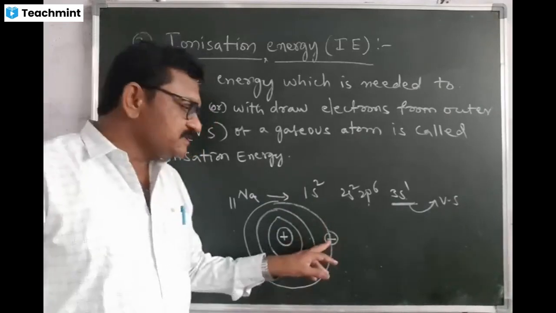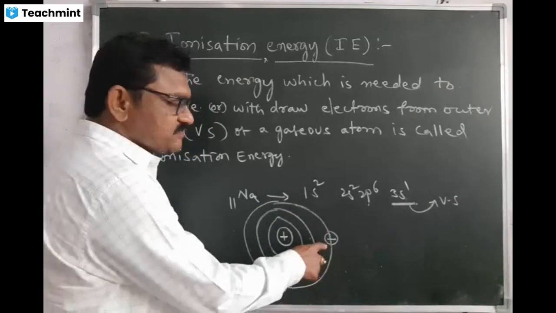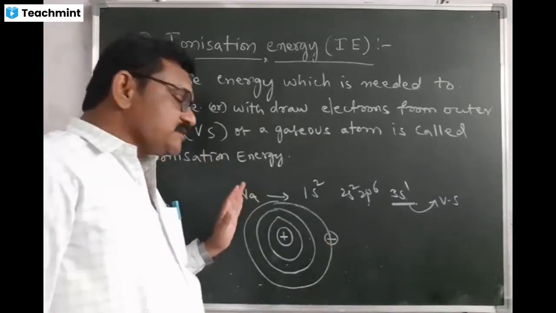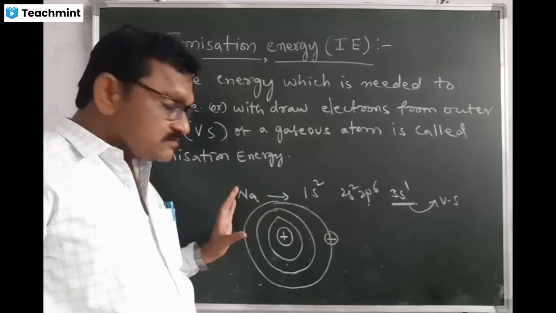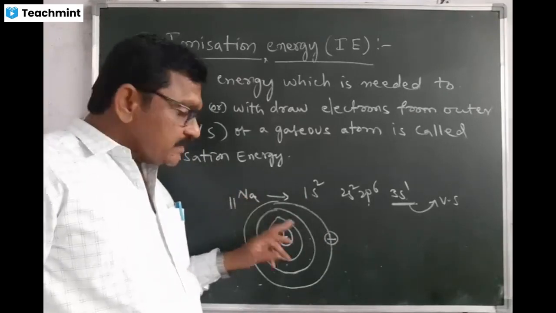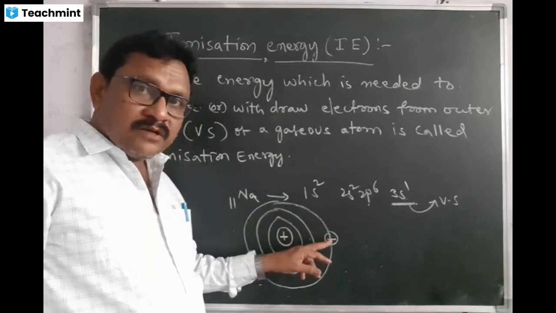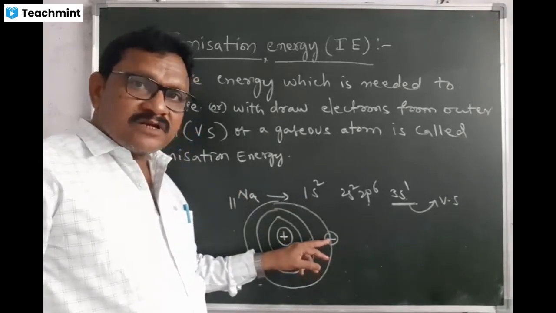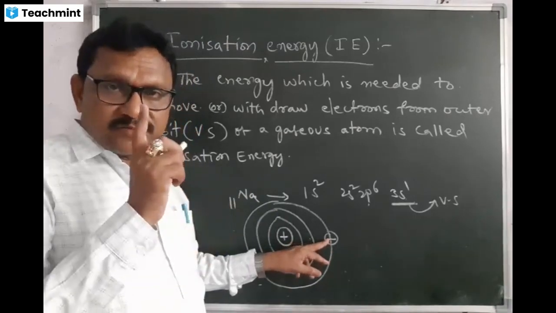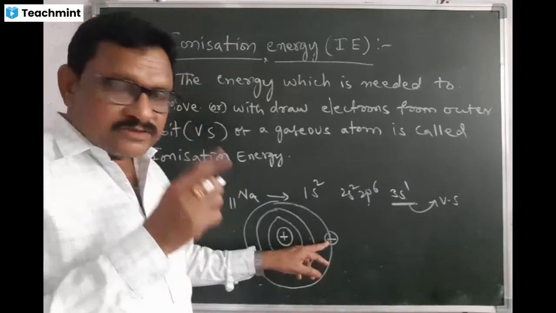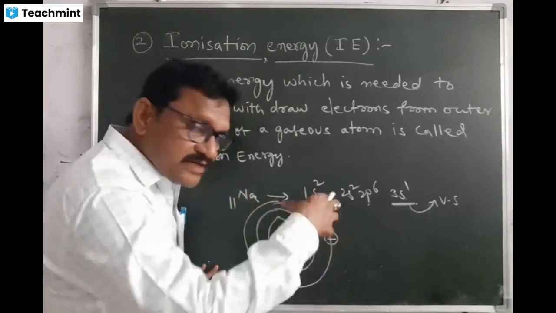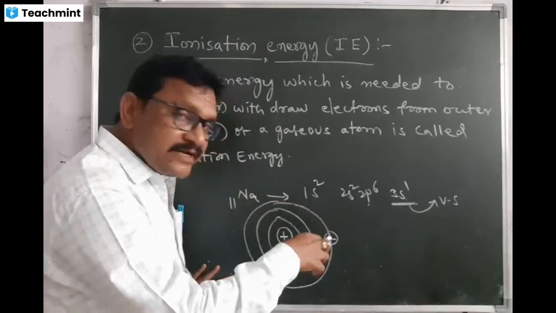So here you can observe the sodium atomic structure. Sodium has one valence electron in the outer orbit. In the valence shell, it has only one electron.